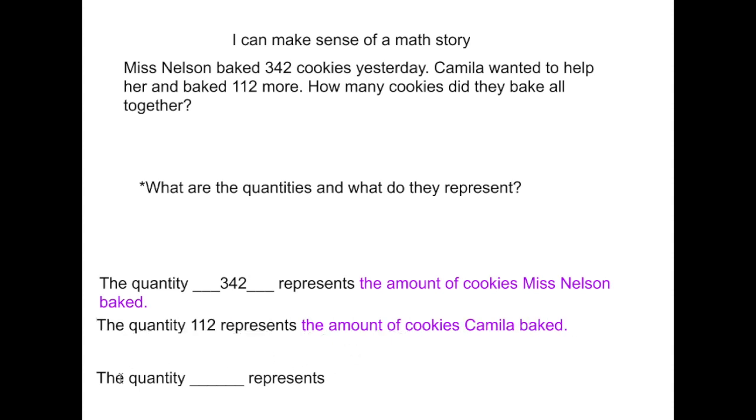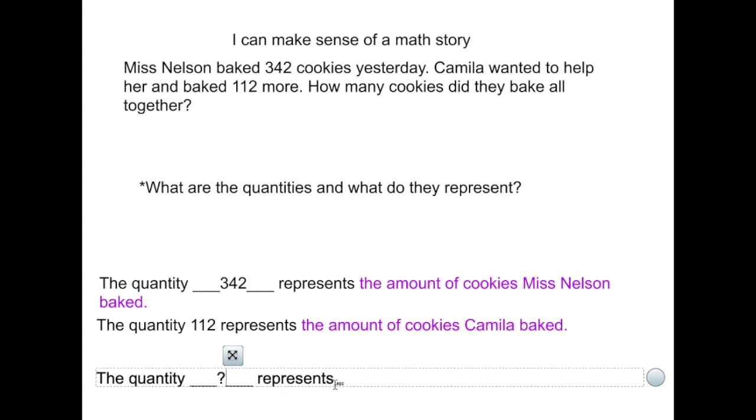Now I have one last sentence right here, but I don't see any more quantities or amounts. Oh, that's right. There's always a missing quantity. That's going to be our answer. So let's see. We know Miss Nelson baked 342 cookies. We know Camila baked 112 more. Oh, how many cookies did they bake all together? So that unknown quantity, and normally we put a question mark.